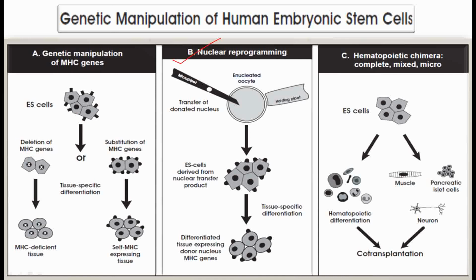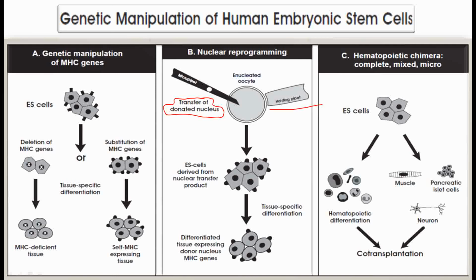Let us see nuclear reprogramming. This is an enucleated oocyte, that is, it does not have a nucleus. This is a micropipette. We are going to do our experiment through this micropipette. Here we will transfer a nucleus that is donated from any other tissue or any other oocyte.